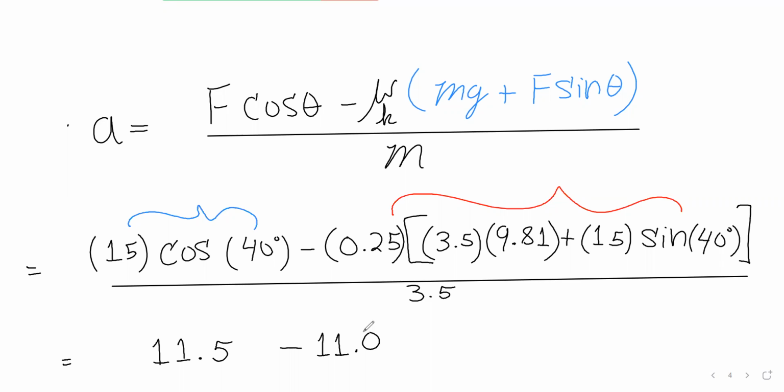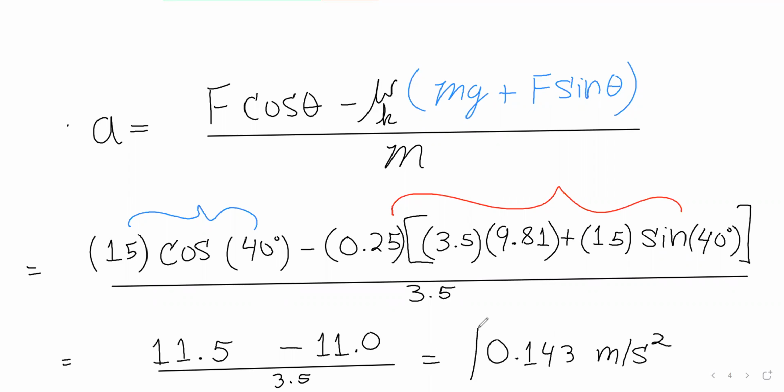This gives me about 43.976 and so on. And then I take that result, multiply by 0.25. Good. Yeah, and I get about 10.99. So 11.0 divided by that mass still. So I subtract those numbers, I divide by my mass, and then I get 0.143 meters per second squared is my acceleration.